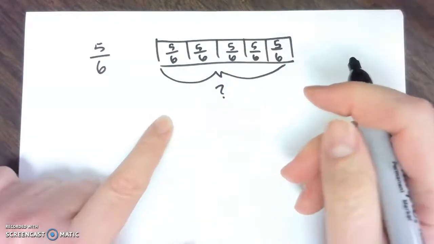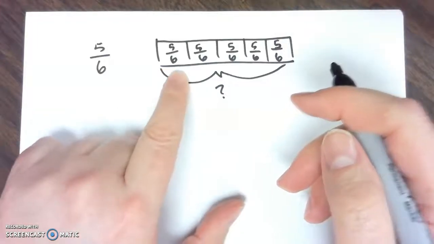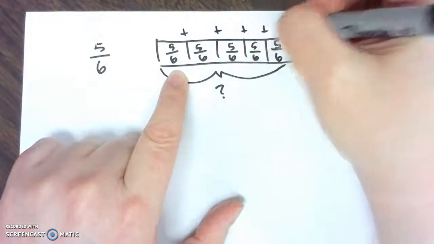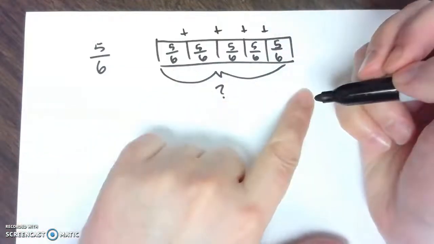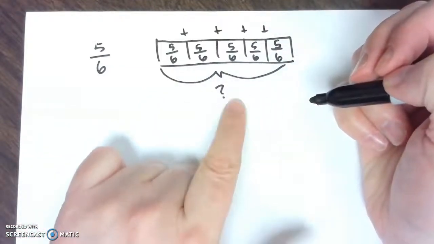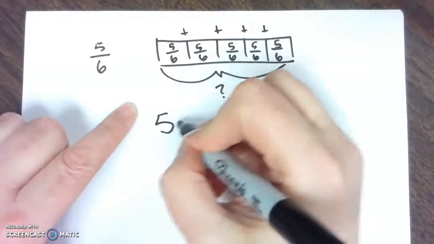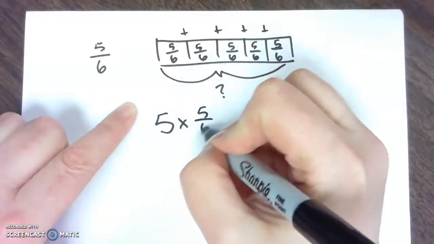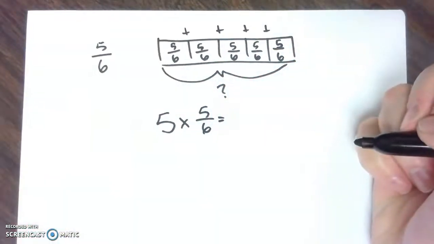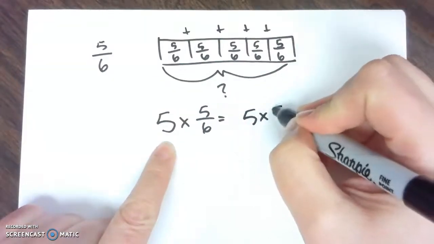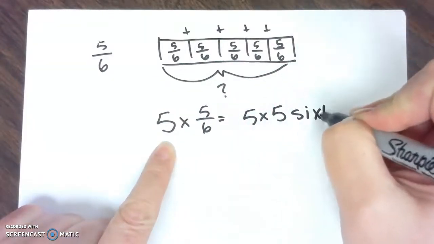So this is like repeated addition. This is like 5/6 plus 5/6 plus 5/6 plus 5/6. And we know that a shortcut for repeated addition is just multiplication. So let's write that multiplication out. It would be 5 times 5/6. And in yesterday's lesson, we learned how to write that in unit form. So it's 5 times 5/6.